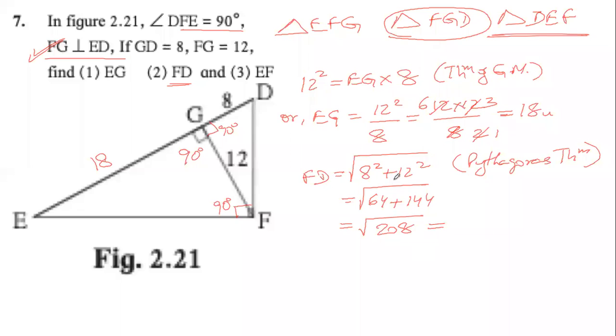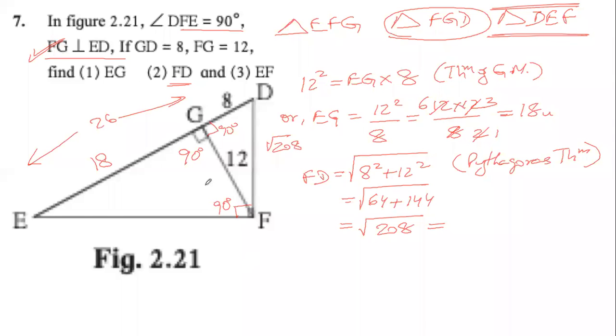Now, once again, if you look at the bigger triangle DEF, once again, we are looking at DEF. So now we have square root of 208 as this side. Now we have DE as 18 plus 8 is equal to 26.